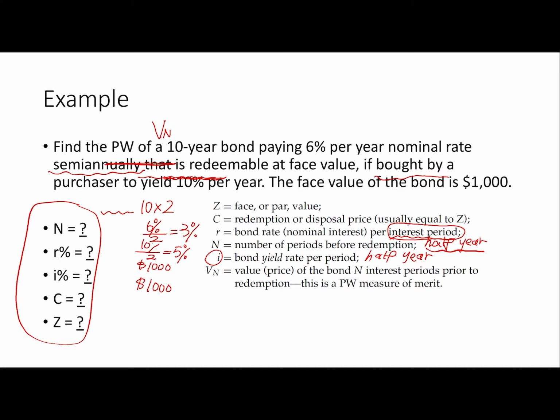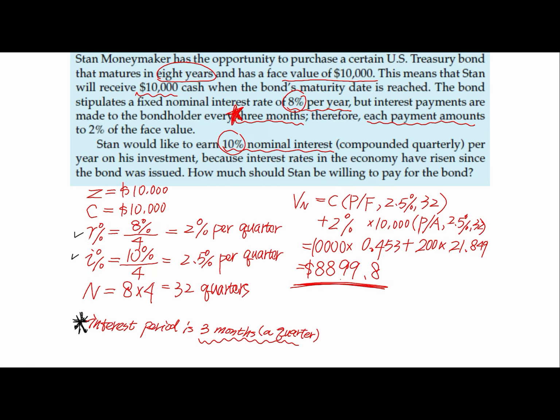Okay. And how do you calculate R and I? Very important. It's not just the interest rate given if it's not compounded yearly. Try to rework this problem, especially for these two items.